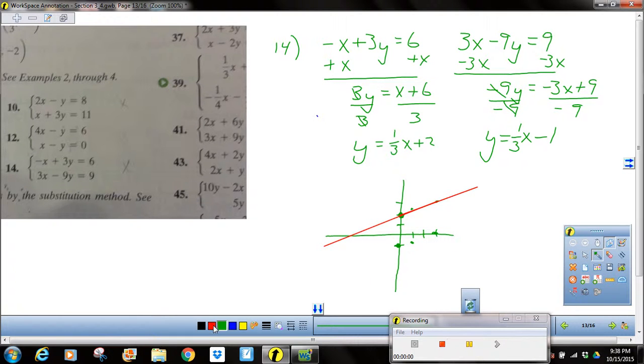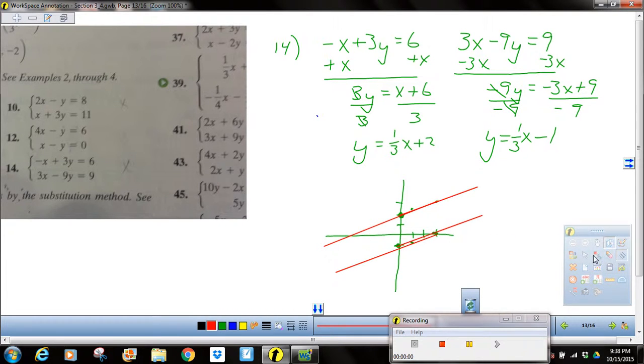When I connect the dots, you'll see it's parallel. I didn't do a very good job drawing that, but anytime the slopes are the same, they're going to be parallel. Now, this is called an inconsistent system of equations because it has no solution.